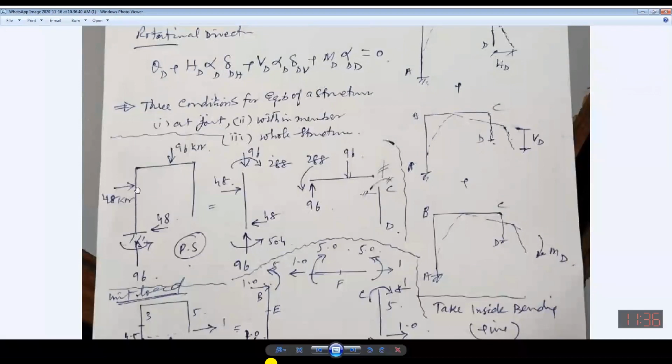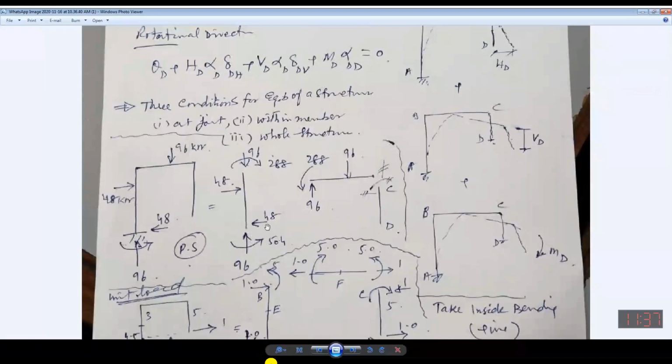Now you can see this 96 is passing through this point, so it will have no effect on the moment. 48 will have some effect, and 504 will have some effect.